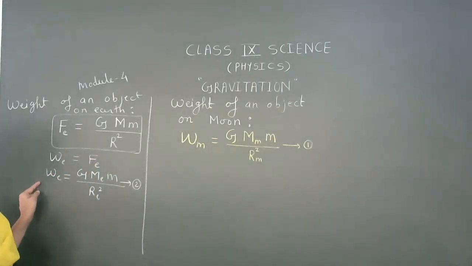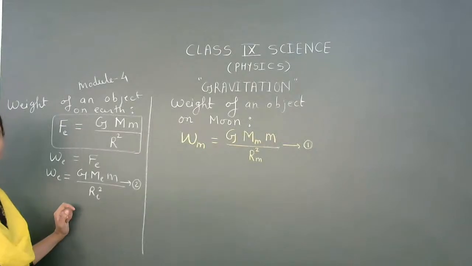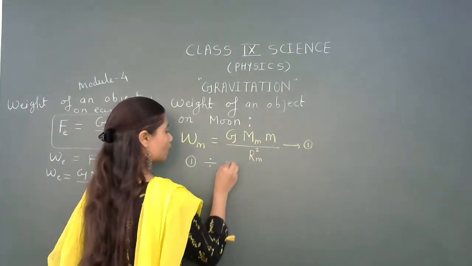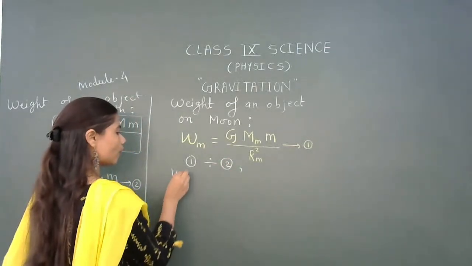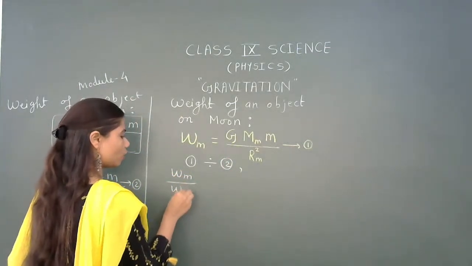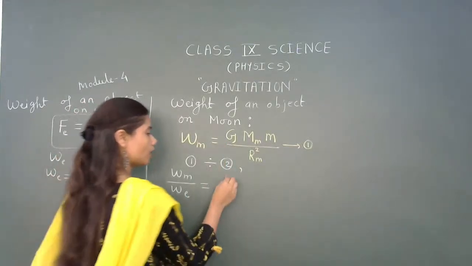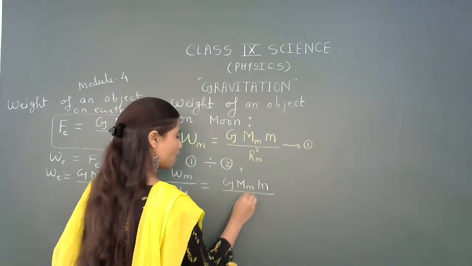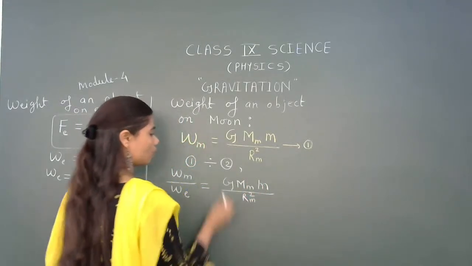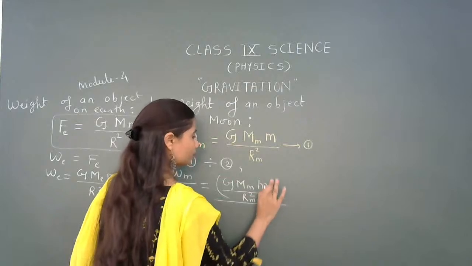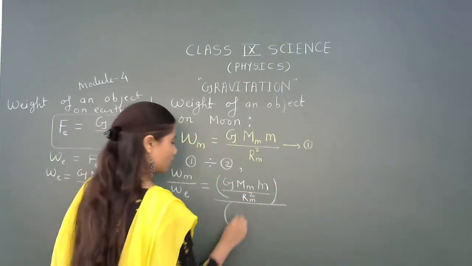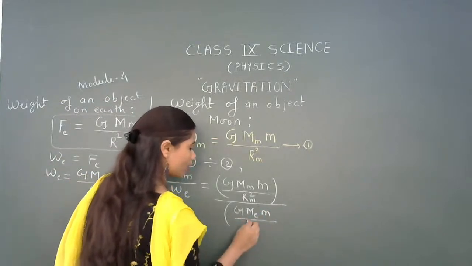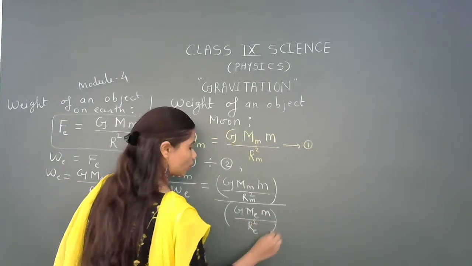By taking Earth as a reference, we can calculate the ratio for these two. Dividing equation 1 by equation 2, we get weight on moon divided by weight on Earth is equivalent to capital G M_m m divided by R_m squared, and it is divided by capital G M_E, mass of the Earth, multiplied by small m, and the square of the radius of the Earth.